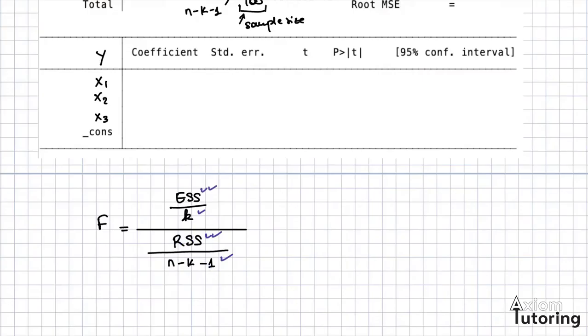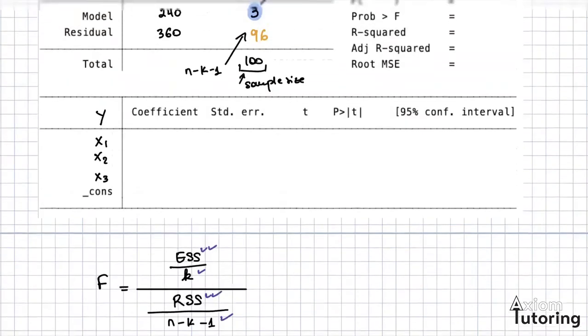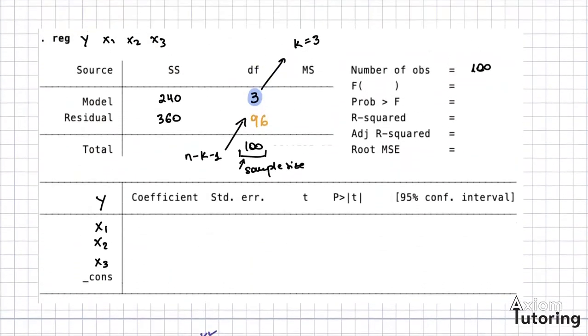There are two ways to go about it. You can very easily input all of the numbers in here and compute it, or you can do it step by step by first computing the mean squares. Why the mean squares? If you remember from the previous video, in this first block on the left-hand side, the mean squares was in this particular column right here.